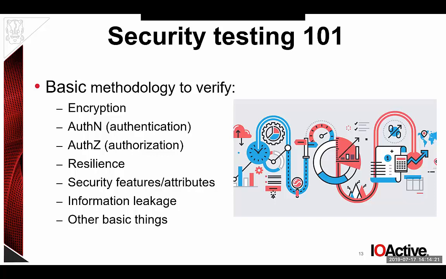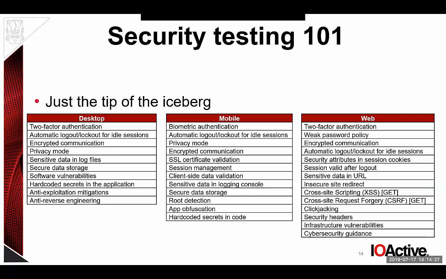Now, if we break down these bullets, we have this list of security controls per platform. For desktop, mobile, and web, there are a few repeated cases, such as 2FA, for instance, because many web applications support 2FA, as well as desktop applications, right?